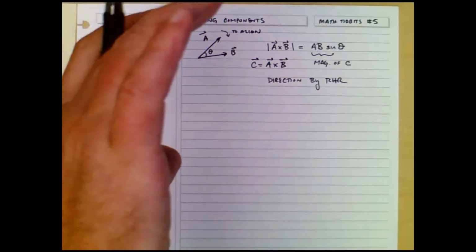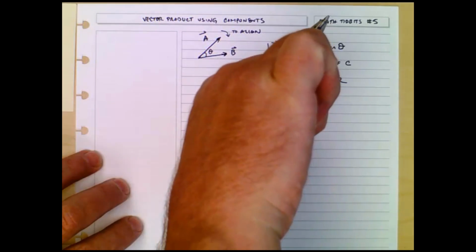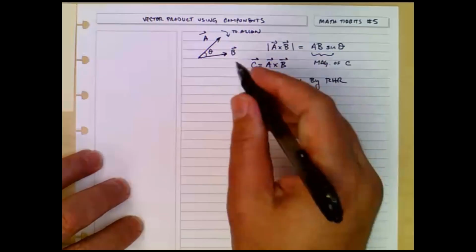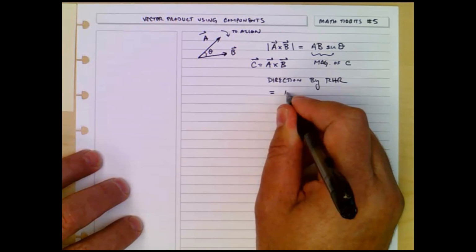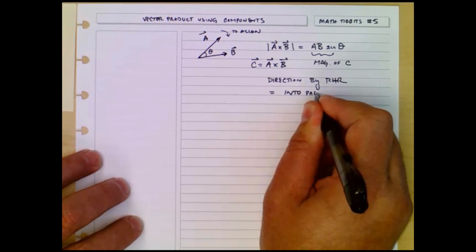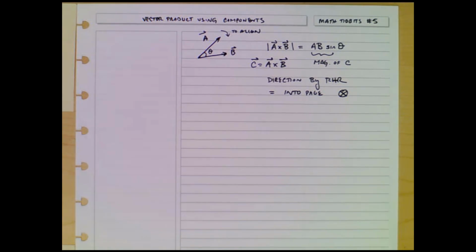That means I take my fingers and I curl them in the direction of that rotation, and my thumb will point in the direction of C. So C will be into the page, or the circle with an X in it, which denotes an arrow that's flying away from you.